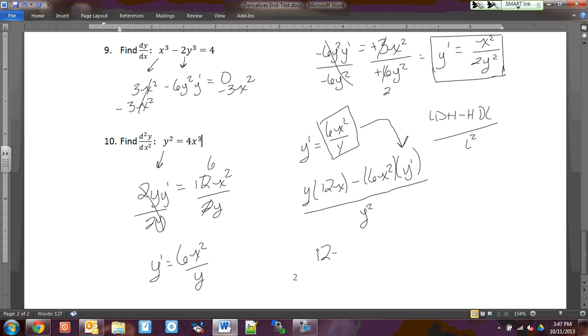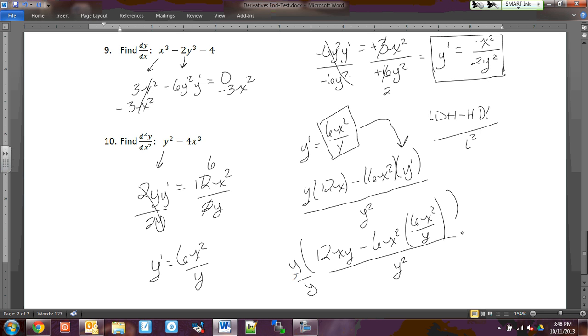You're going to get 12xy minus 6x squared times 6x squared over y, all over y squared. Well, to get rid of the fraction here, what you need to do is multiply both the top and the bottom by y.